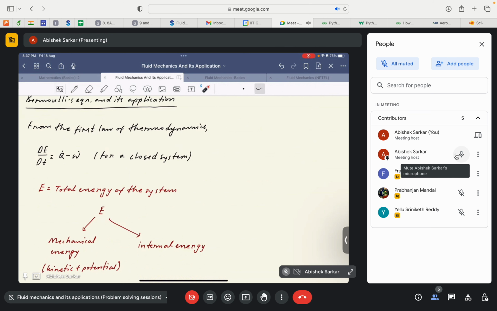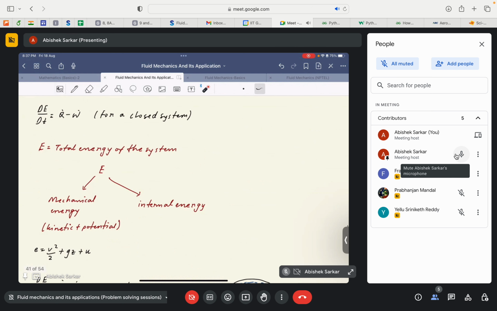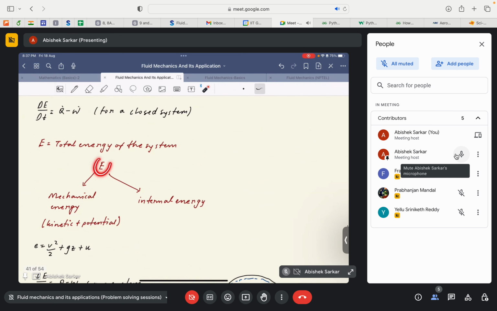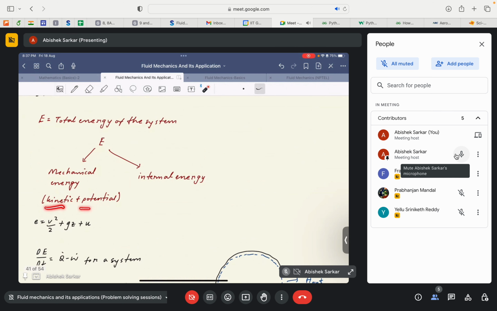I will just say that the derivation of the Bernoulli equation starts with the first law of thermodynamics, that is, the change in the energy of the system is equal to the net rate of heat input minus the net rate of work output from the system. Again, E can be dissociated into the mechanical energy and the internal energy, where mechanical energy consists of the kinetic and the potential energy.